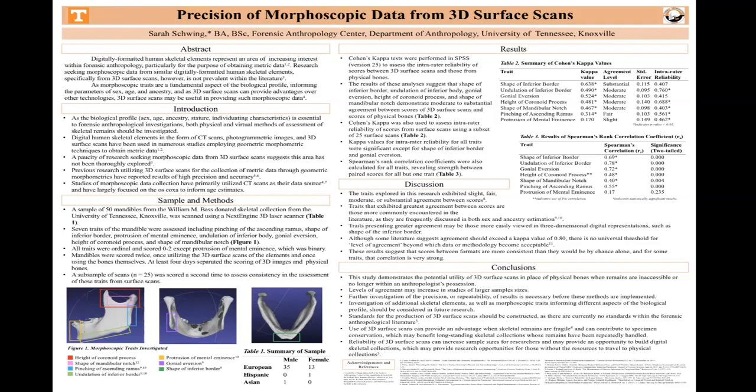One of the greatest limitations is just the time that it takes to create surface scans for 50 mandibles. It all adds up, and so my sample size for this particular project wasn't great.